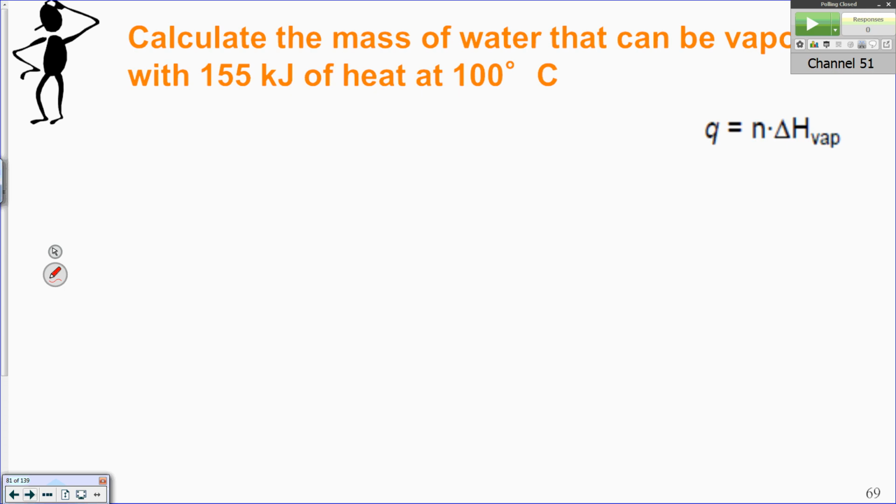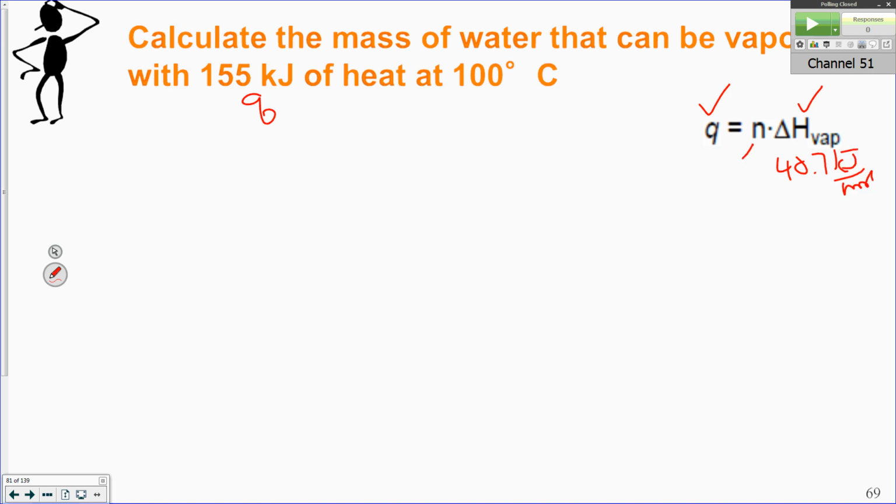Okay, so here's another example. Calculate the mass of water that could be vaporized by a certain quantity of heat at 100 degrees. This time, we're just looking for a different variable. We know the amount of heat: it's 155 kilojoules. We know the molar heat of vaporization, our 40.7 kilojoules per mole.